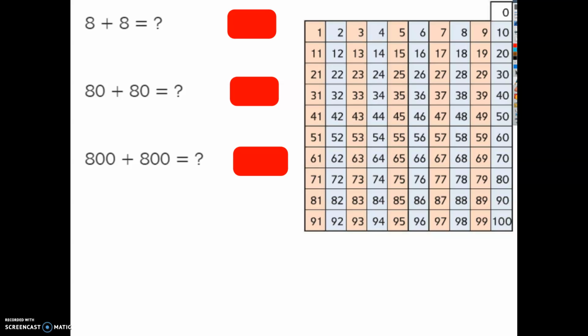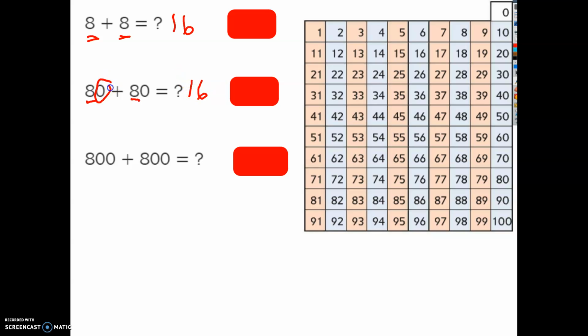This is showing us how we can solve some bigger numbers as long as I know my basic facts. So I know that 8 plus 8 is 16. And if I look at 80 plus 80, I'm going to think of 8 plus 8, which is 16.